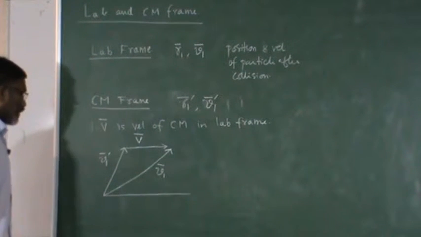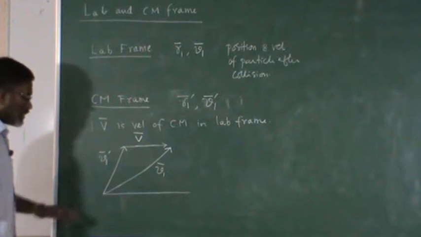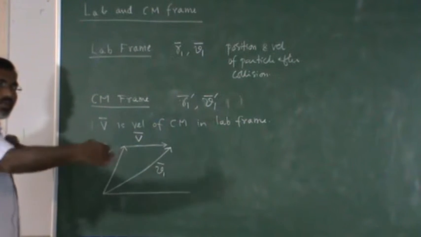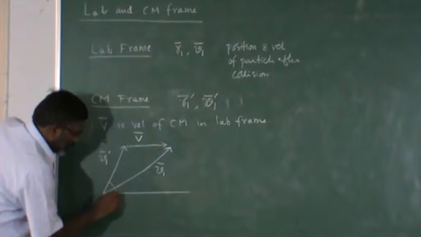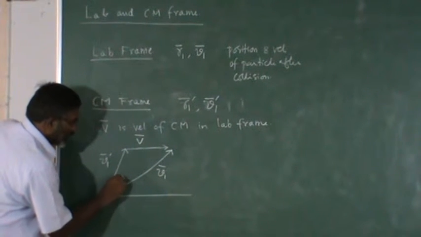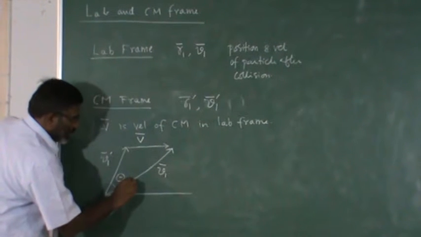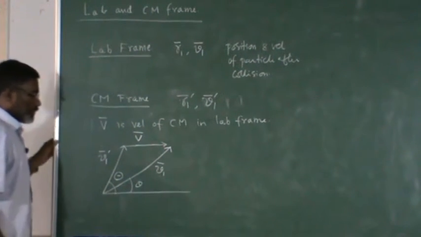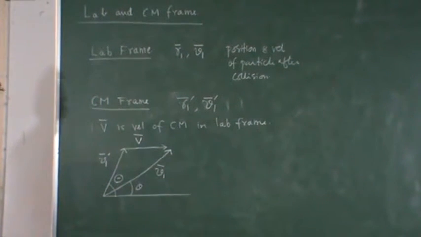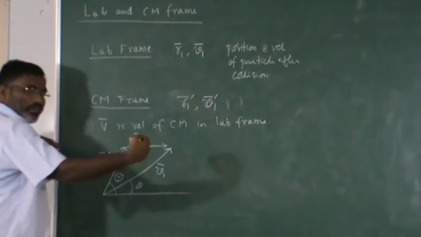Now what are the angles? This is the initial relative velocity line, and this angle is given by capital theta, and this angle is given by small theta. What is the horizontal? Horizontal is the initial relative velocity.